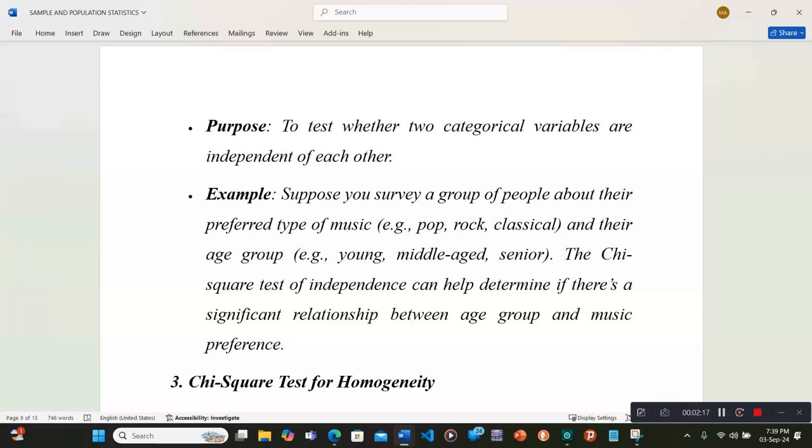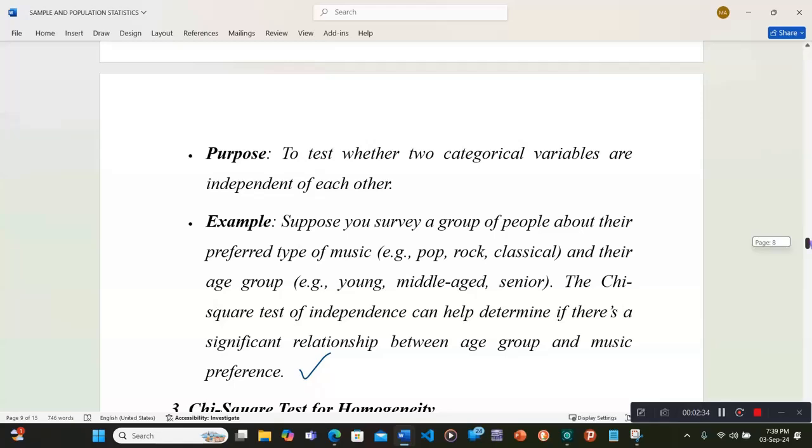Then the chi-square test of independence can help determine if there is a significant relationship between age group and music preference. So you can see that a chi-square is very important in statistical analysis that involves categorical variables.